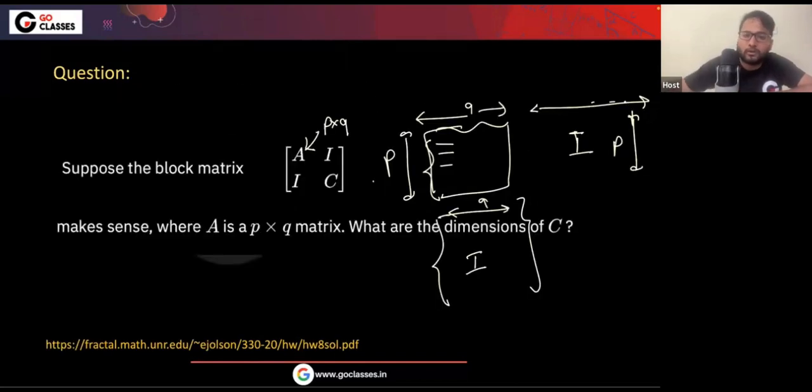If the dimension is not given, then the columns could be anything. Let me check the original question.